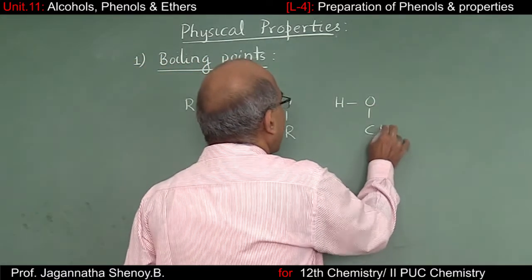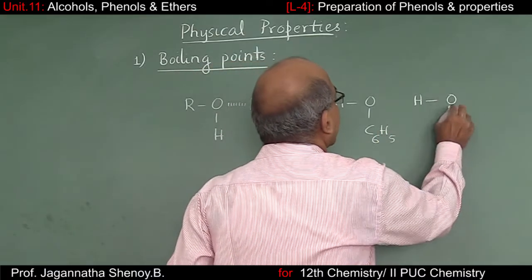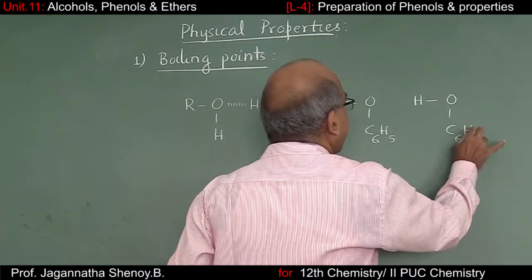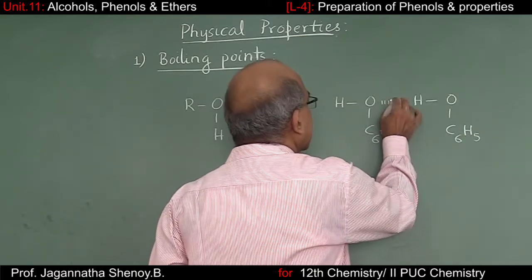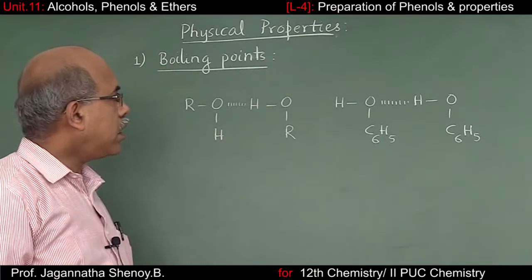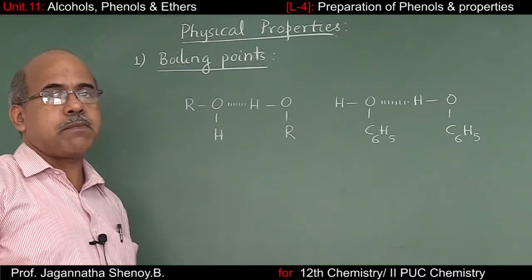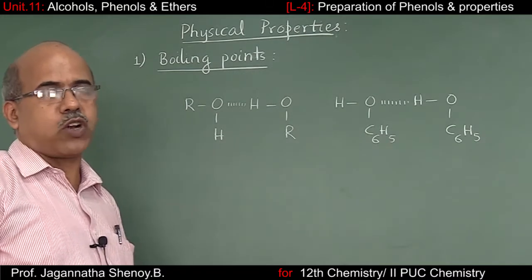So when I say phenol, we have the C6H5 group. I can show the hydrogen bonding between phenol molecules like this. Again, more energy is needed to separate the phenol molecules because of stable intermolecular hydrogen bonding.